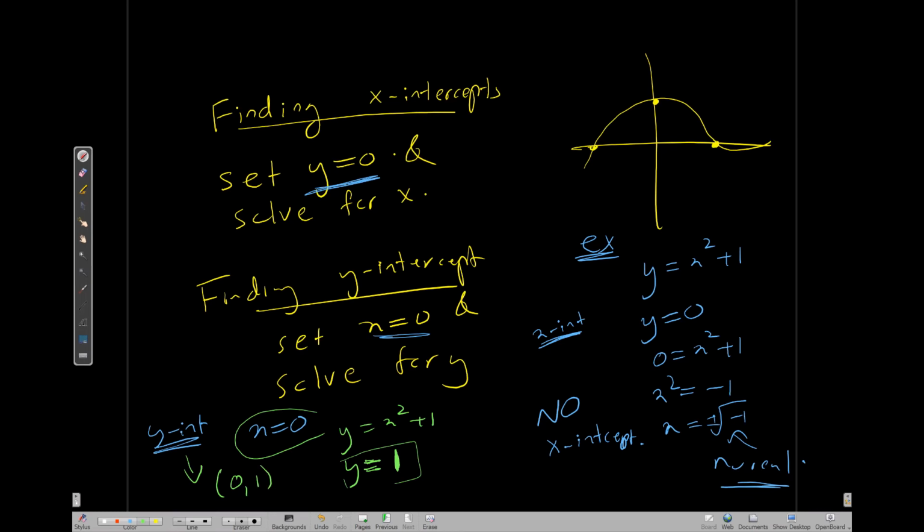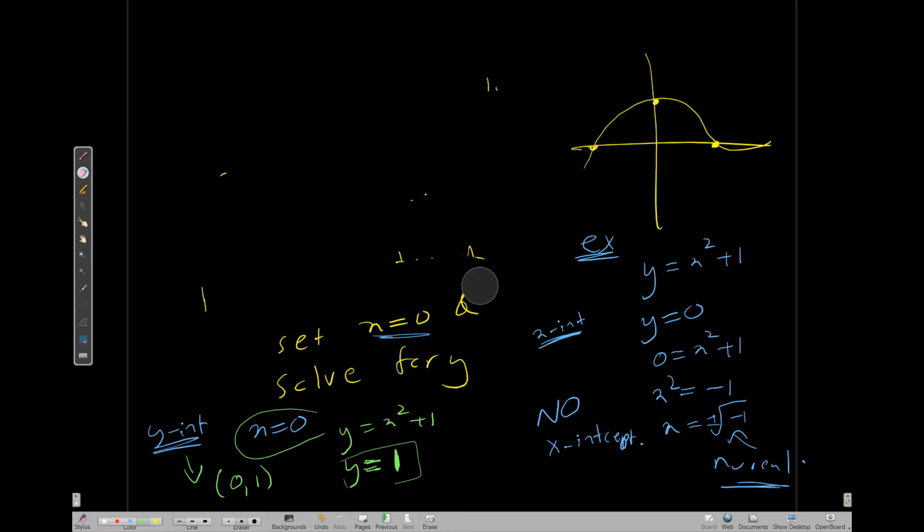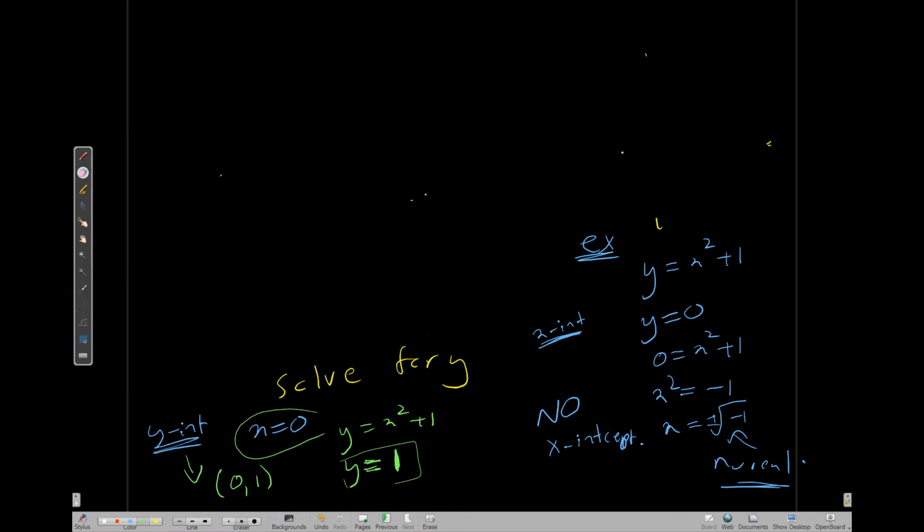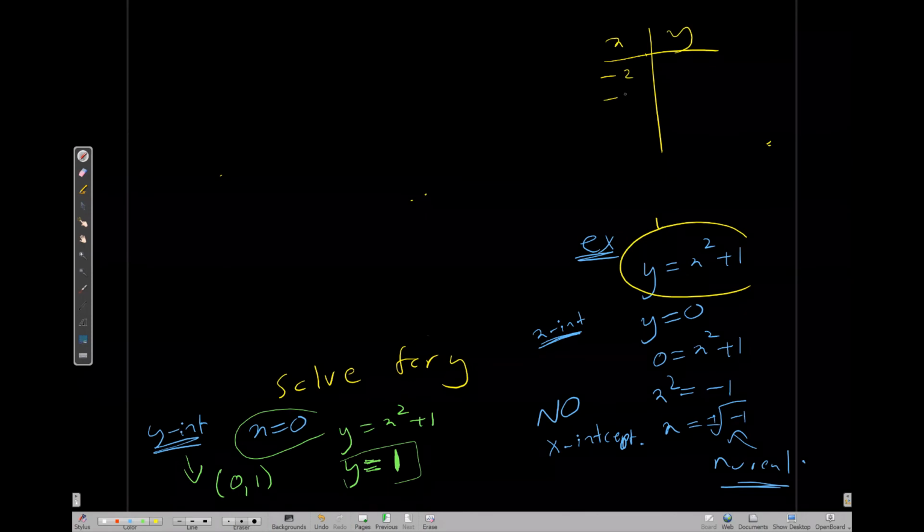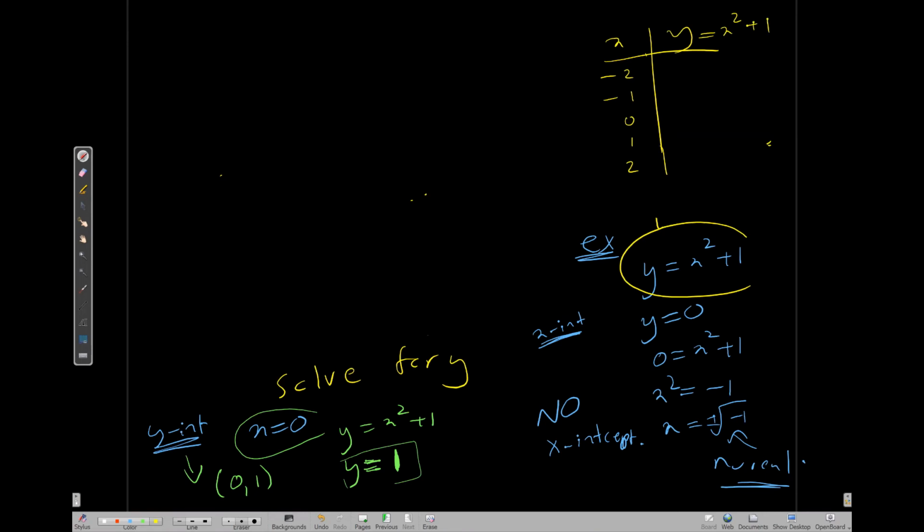Now let's investigate this example a little bit more. With our point plotting technique, if you actually try to draw this, you choose some points, negative 2, negative 1, 0, 1, 2. So y is x squared plus 1. Let me start with the last one. 2 squared plus 1 is 5, 1 squared plus 1 is 2, 0 squared plus 1 is 1, negative 1 squared is 1 plus 1, which is 2, negative 2 squared is 4 plus 1, 5.